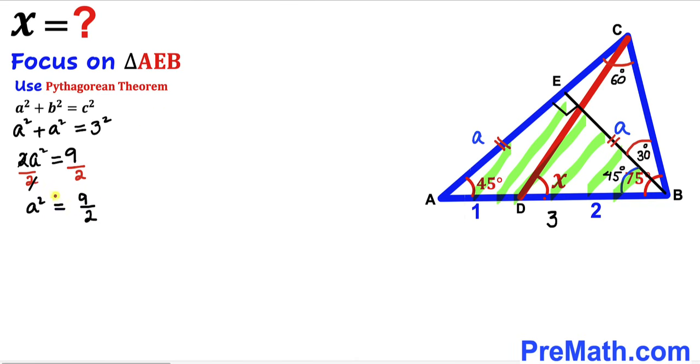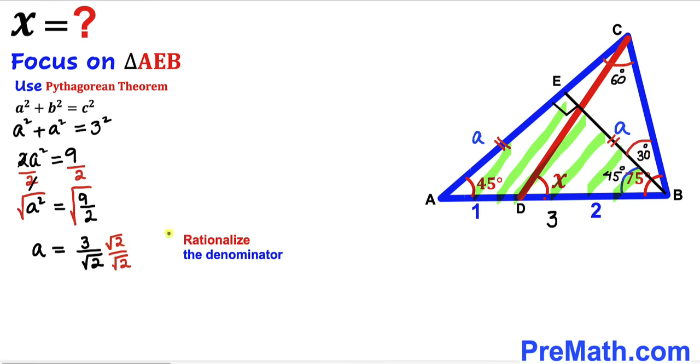And now I'm going to undo this square by taking a square root on both sides. So therefore our lowercase a value is going to be 3 divided by square root of 2. And now we are going to rationalize this denominator by multiplying by square root of 2 and at the same time dividing by square root of 2 as well. And here we can see square root of 2 times square root of 2 is going to give us simply 2.